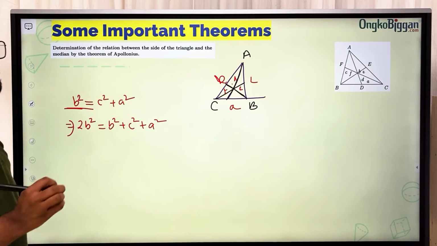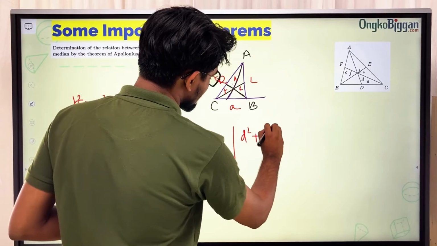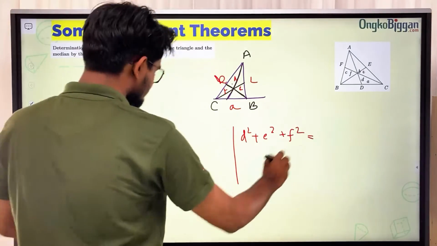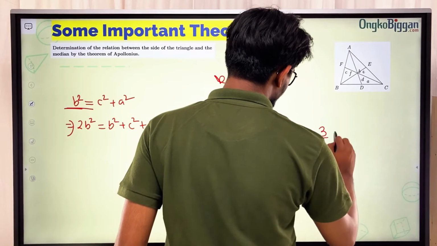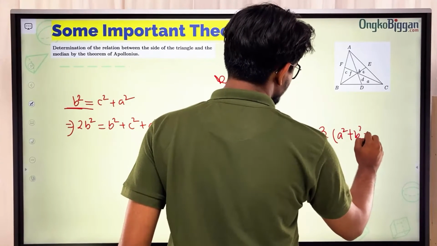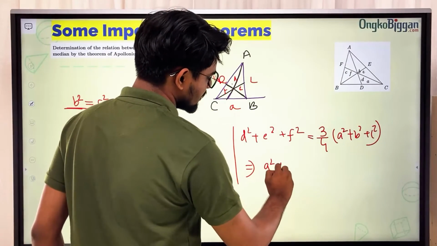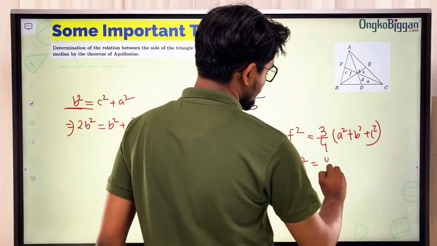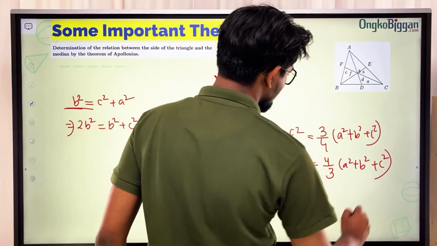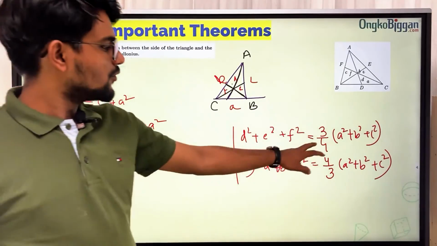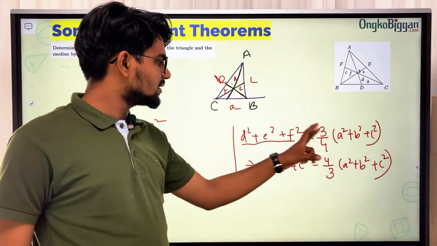So in the previous part we learned that D square plus E square plus F square was equal to 3/4 of A square plus B square plus C square. So basically A square plus B square plus C square will be 4/3 of D square plus E square plus F square. Basically if you move this to the left side, we get 4/3 into this is equal to this.